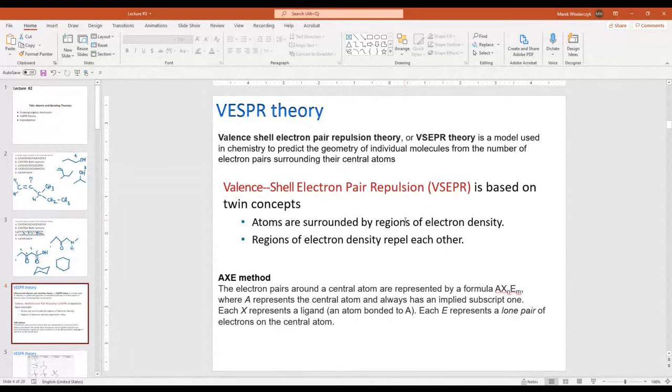These regions of electron density are actually your bonds or your lone pairs of electrons. Each and every bond, when it forms, combines two electrons. These two electrons have a certain level of electron density, and that depends on the type of the elements that are connected with one another.